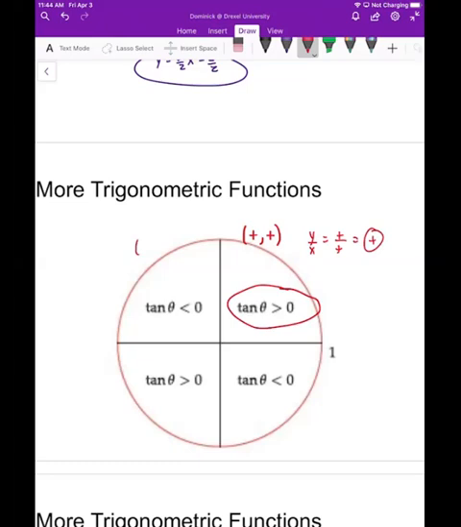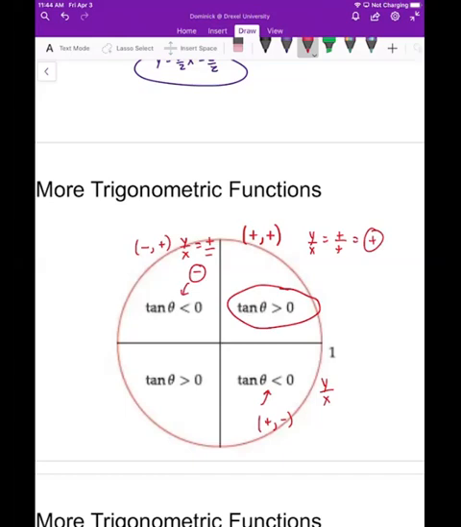Okay, now in quadrant 2, your x value is negative, but your y value is positive. So y over x would be a positive over a negative, which overall is negative. So that's where you're seeing that tangent is negative here. Okay, and of course, the same will happen in this quadrant because here it's just now reversed. You have that x is positive and y is negative.